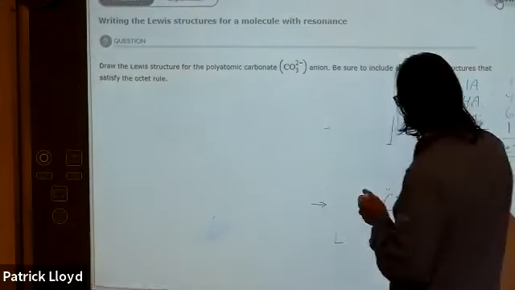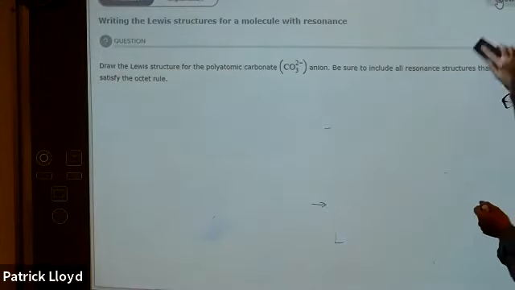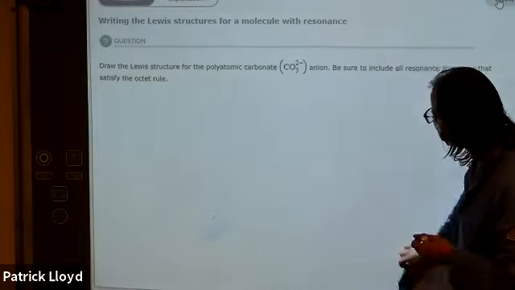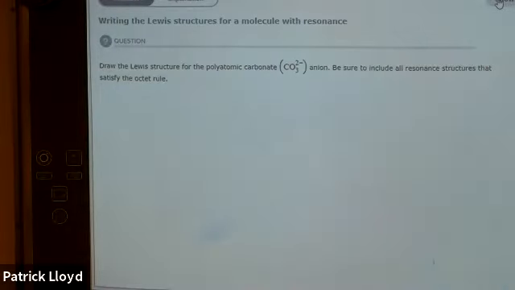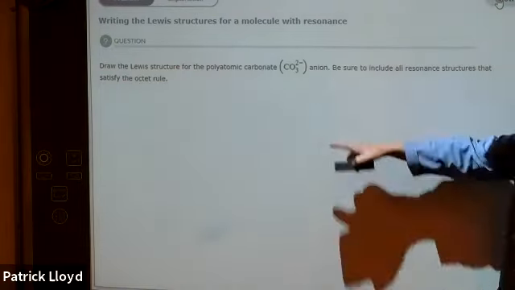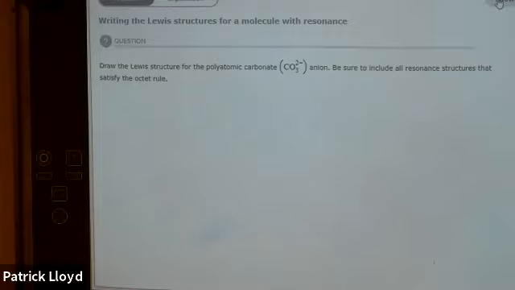This is a famous one because I actually worked with carbonate in the laboratory. When you did the molar volume of carbon dioxide, you took sodium carbonate and added, I think, sulfuric acid or hydrochloric acid. You added an acid to it, and that produced carbon dioxide. So there's your carbonate ion right there, CO3 2-.